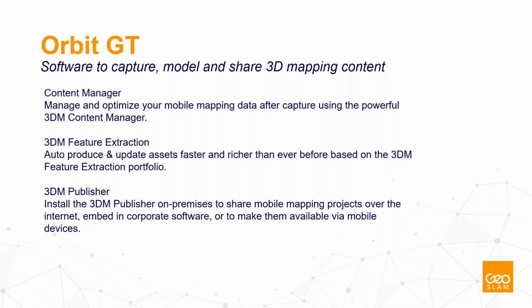Then there's the feature extraction component, which is the thing that we're most excited about, where we're able to pull the assets and information from the data. And then the publisher component, which allows you to share your data in a web viewer, so you can share that with a wider audience.